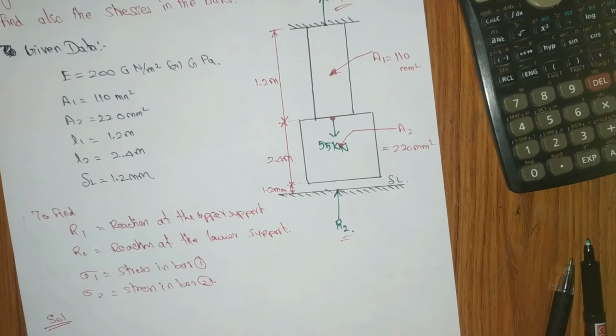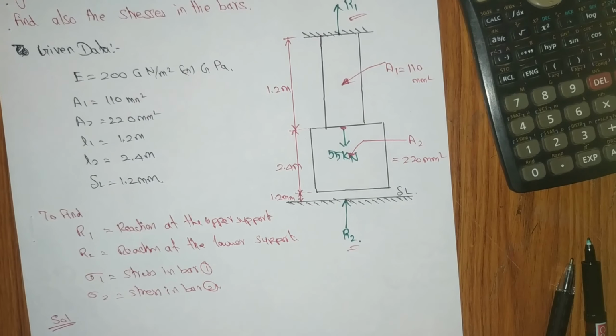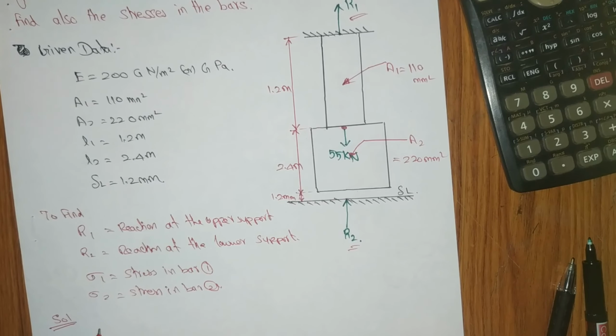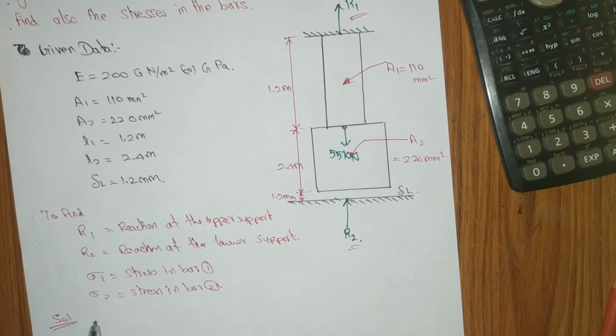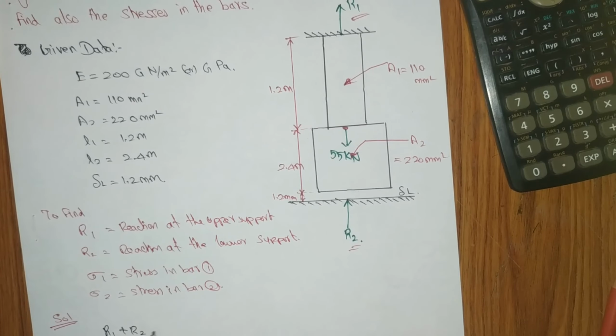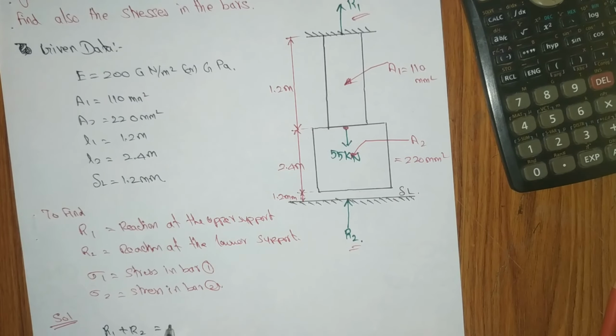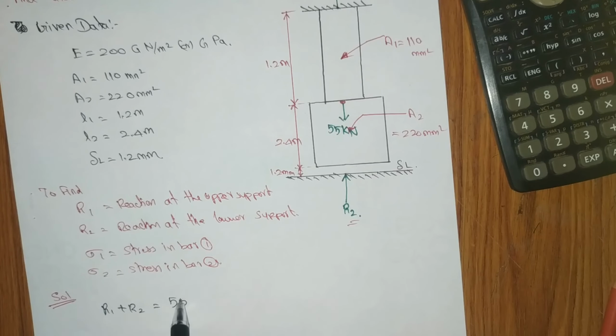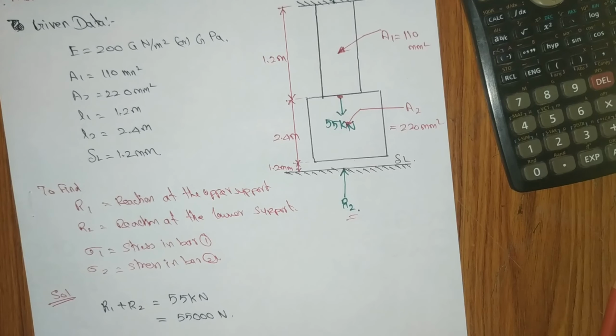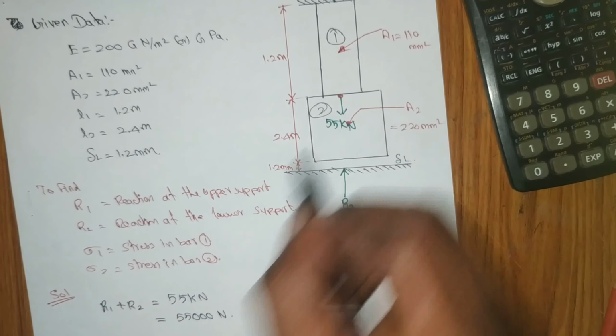From the picture we can find that R1 plus R2 is the reactive force due to the applied load, which is 55 kilonewton. We can also write this as 55,000 Newton. Let's take bar 1 and bar 2.